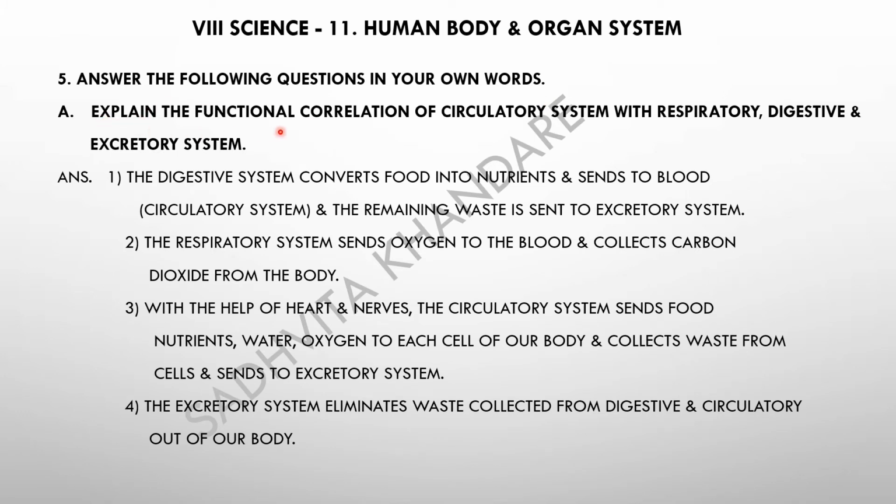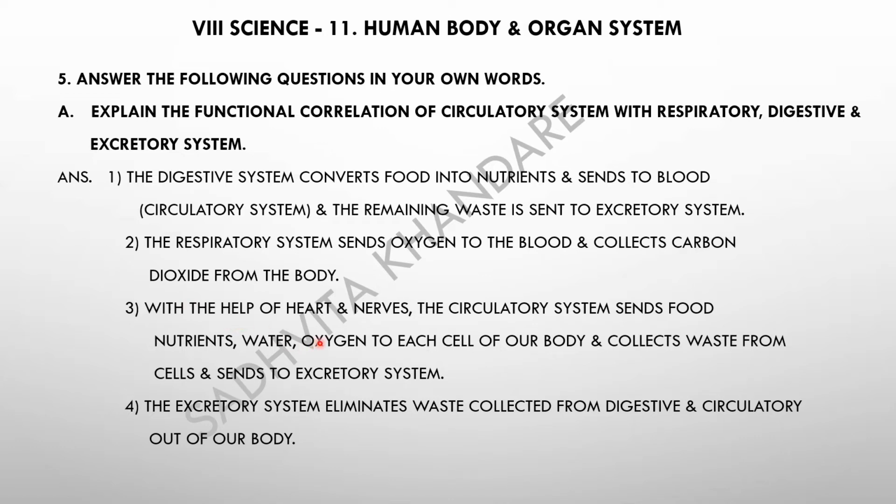Explain the functional correlation of circulatory system with respiratory system, digestive system and excretory system. The digestive system converts food into nutrients. We all know this. It is digesting the food and sends to blood, which is the circulatory system. And remaining waste is sent to the excretory system. The respiratory system sends oxygen to the blood and collects carbon dioxide from the body.